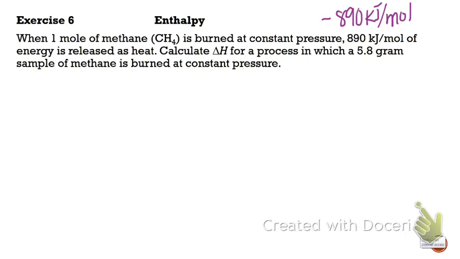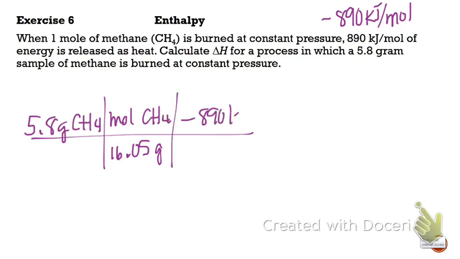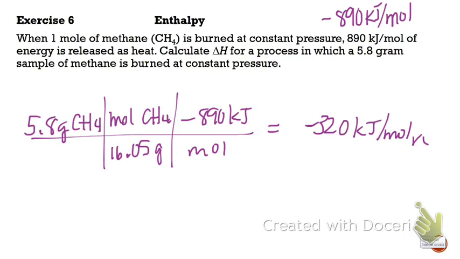So this is a stoichiometric calculation. 5.8 grams of methane divided by the molar mass of methane, which is 16.05, and then we'll use our delta H value, negative 890 kilojoules per mole. So it would be negative 320 kilojoules per mole of reaction. Remember, at constant pressure, delta H is equal to Q, and this was constant pressure.